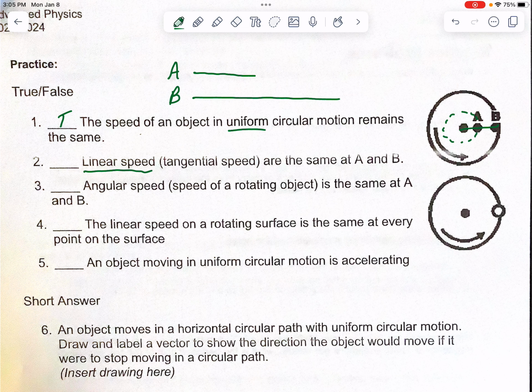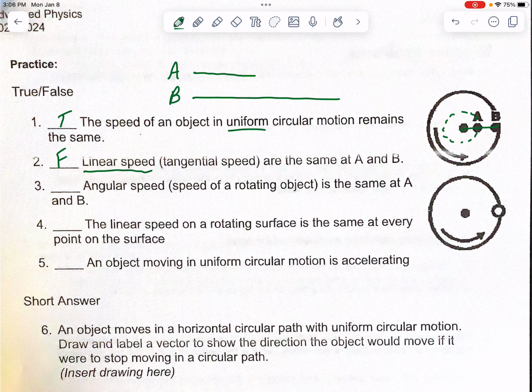If both of them get through their lines in the exact same amount of time, you'd want to know, are they going the same speed? Is one going quicker or slower? Well, if both cover that in the same time, B has to be going faster, because B has more ground to cover in the exact same amount of time as A. So linear speed is not the same.